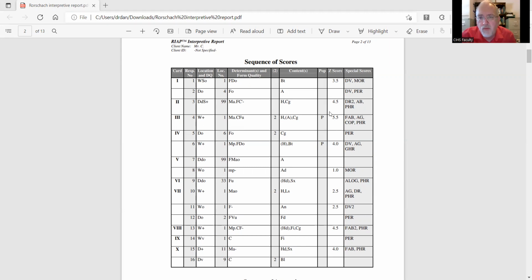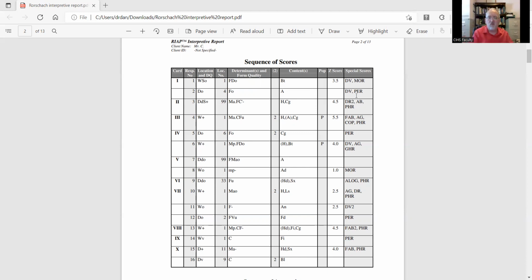Notice how both of the popular responses have a Z-score, and it's basically a degree to which all of the factors combined make sense, the type of approach people typically take to these responses. The higher the score, the more it's an approach used by the majority of people. Also, regarding location number, that's also in the Exner system that identifies particular areas that are used for the responses.